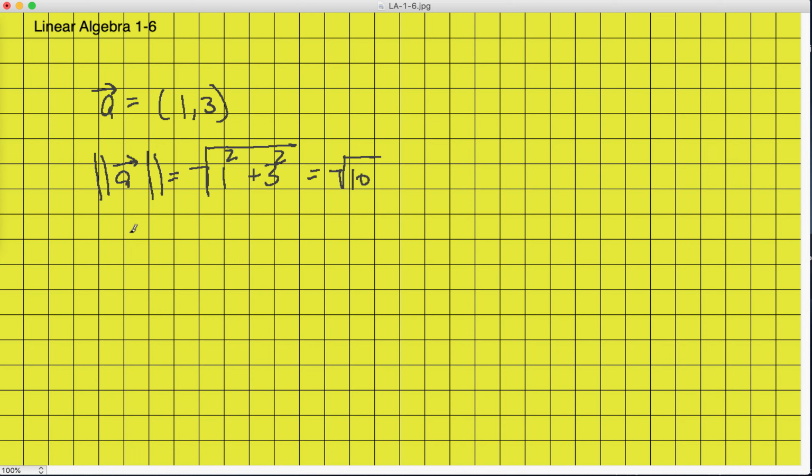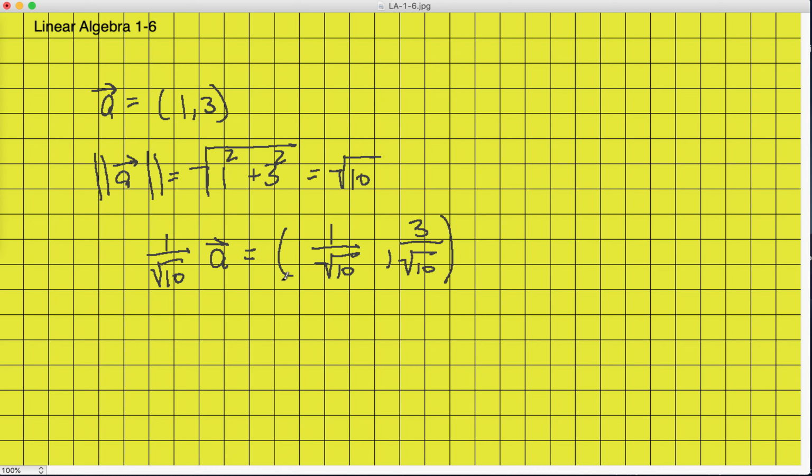Now, I want you to think about this: if this vector A has a length of radical 10, what is the length of the vector 1 over radical 10 times the vector A? Well, first of all, this vector is equal to 1 over radical 10, and this is 3 over radical 10.